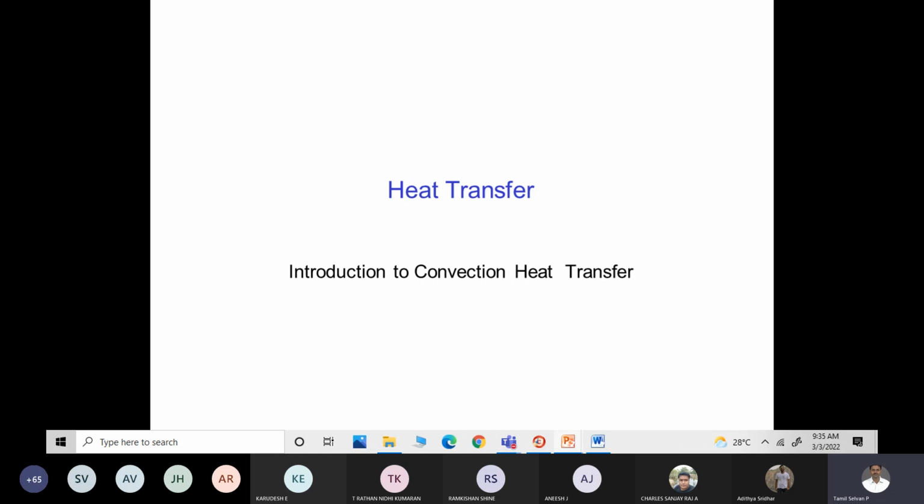So now, since the tumbler is so hot, at 70 or 80 degrees, the air comes in and touches the surface of the tumbler, and when it comes in contact with the surface, there is a decrease in density, right? The air gets warmer. When the fluid gets warmer, its density reduces.